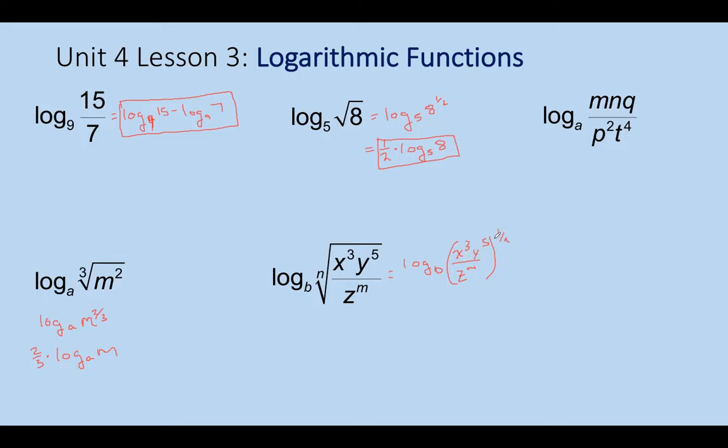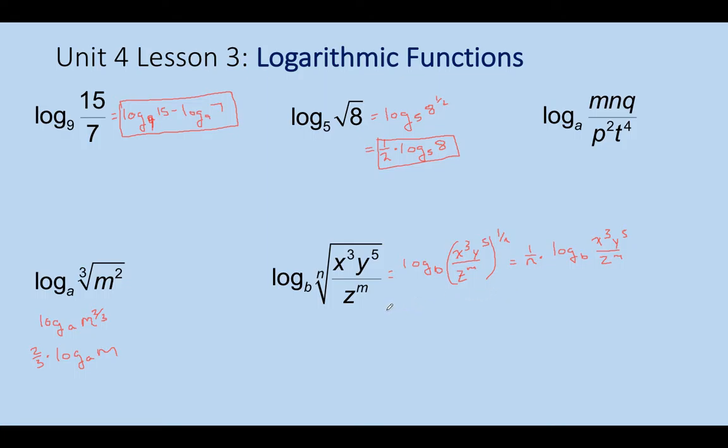Now I've got a power, like I did before, so that 1 over n can come out front. So we'll say 1 over n times log base b of this whole expression, x to the 3rd, y to the 5th, over z to the m.